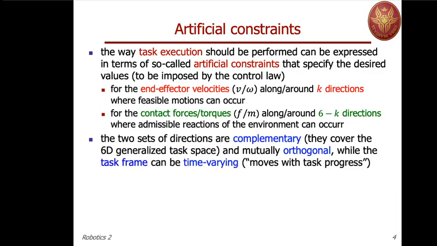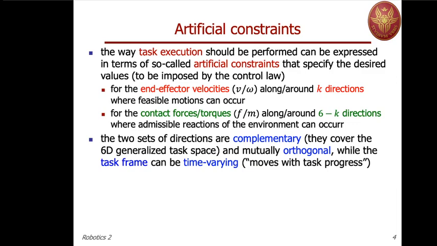So these two sets of directions, as I said, are complementary, so they cover the 6-dimensional generalized task space. Why 6-dimensional will be clear in a moment. They are independent within each set and mutually orthogonal.